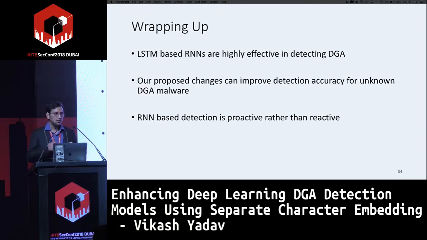And last, the RNN approach is proactive. You don't have to wait a certain period of time to aggregate the traffic like NX domain-based DNS detection, and it also doesn't require a huge effort to train. You just pass the input data and all the relevant features would be learned by the model. So this is a proactive, highly effective technique to detect DGAs.